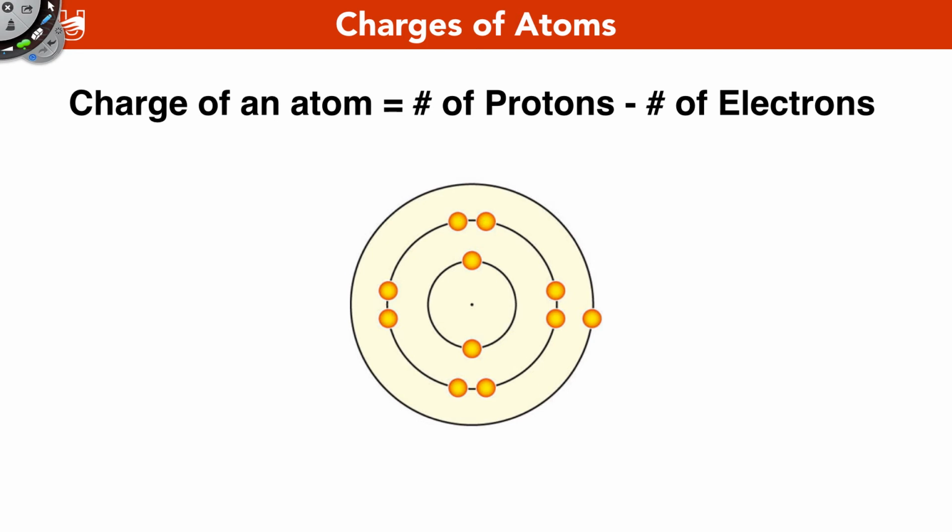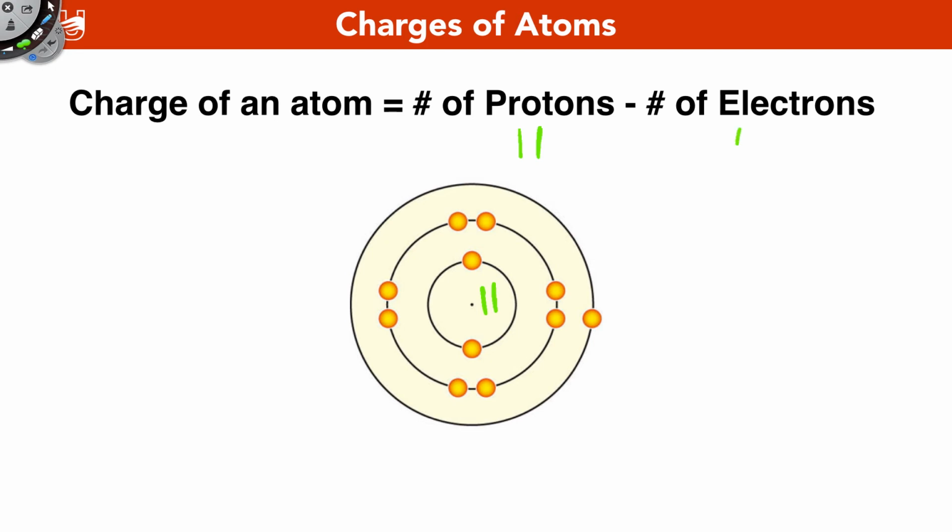Okay, so now let's talk about the charge of the atom. So I'm going to tell you that this atom has 11 protons in the center. So we have 11 right here. Okay, so we now want to know the number of electrons. The electrons are the gold-orange spheres. We count all those up, and we got 2, 4, 6, 8, 9, 10, 11.